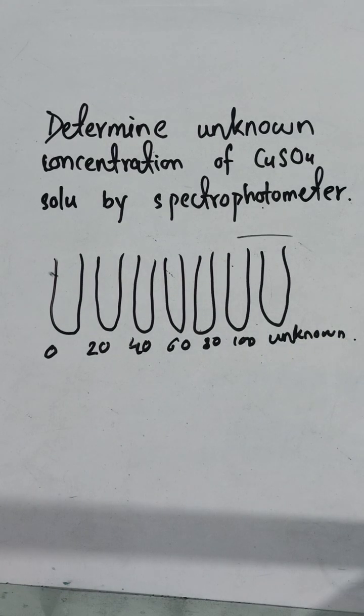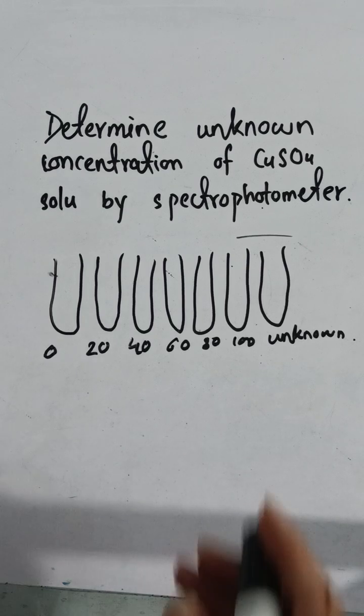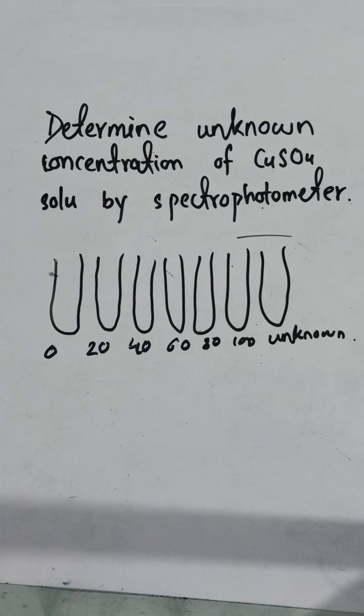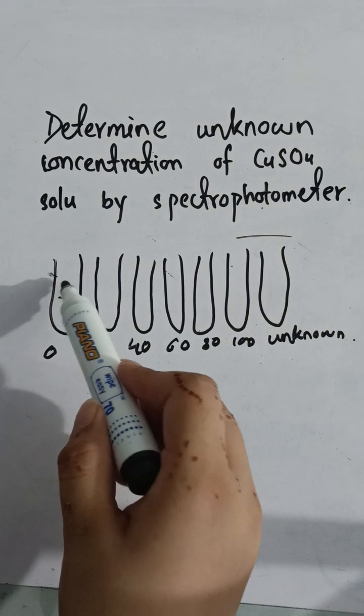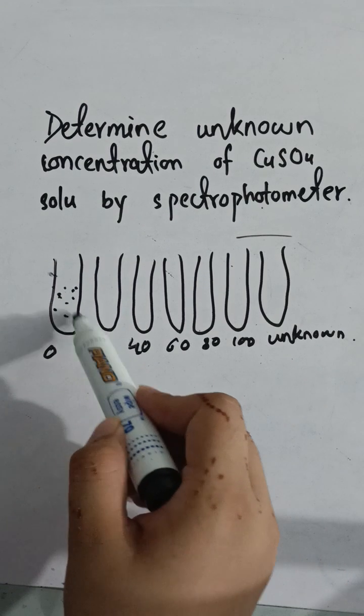So here we take 6 to 7 test tubes having different concentrations of CuSO₄, and then we will check out the absorbance of them by using the spectrophotometer. You have to make different concentration CuSO₄ test tubes, and then you will put them into a sample holder like that. I have put them and labeled that this contains 0 concentration, so it only contains the solvent inside it.